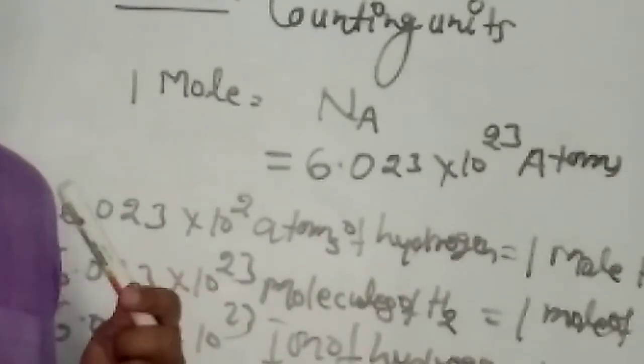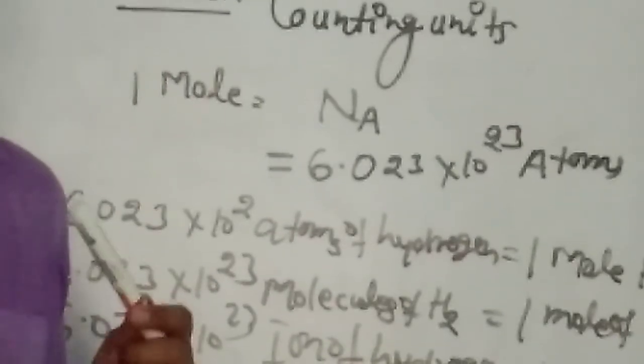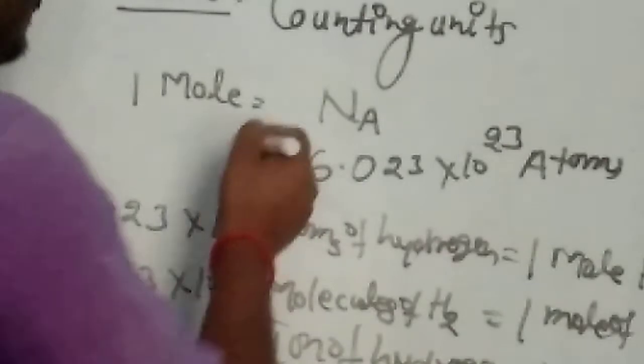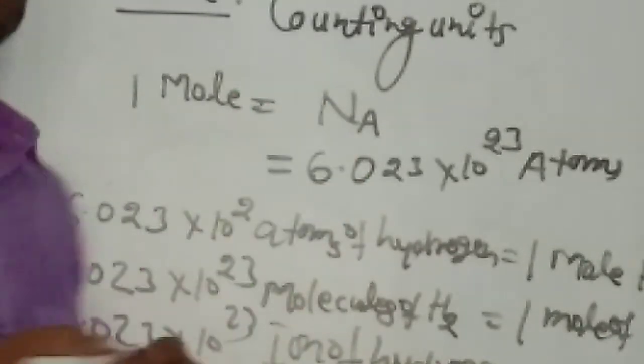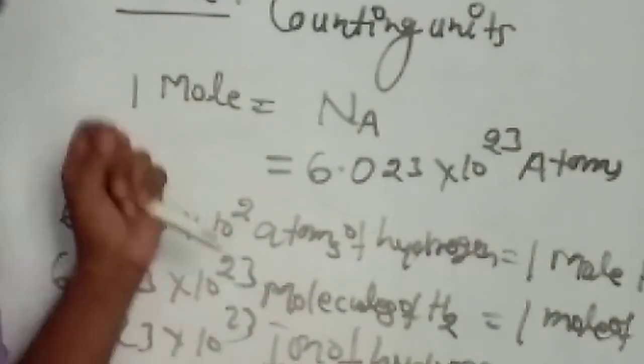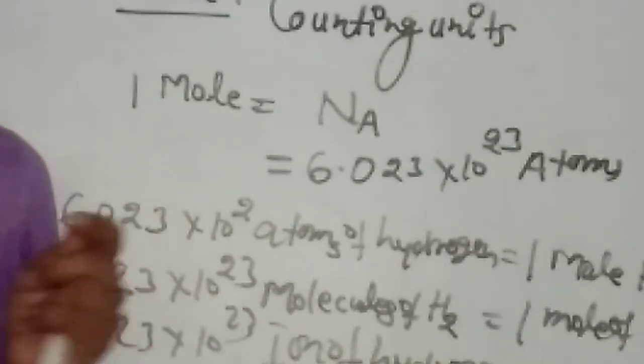1 dozen contain 12 units. In the same way, 1 mole equal to Avogadro number, that is Na. Value of Na, that is Avogadro number, 6.023 into 10 power 23 atoms.